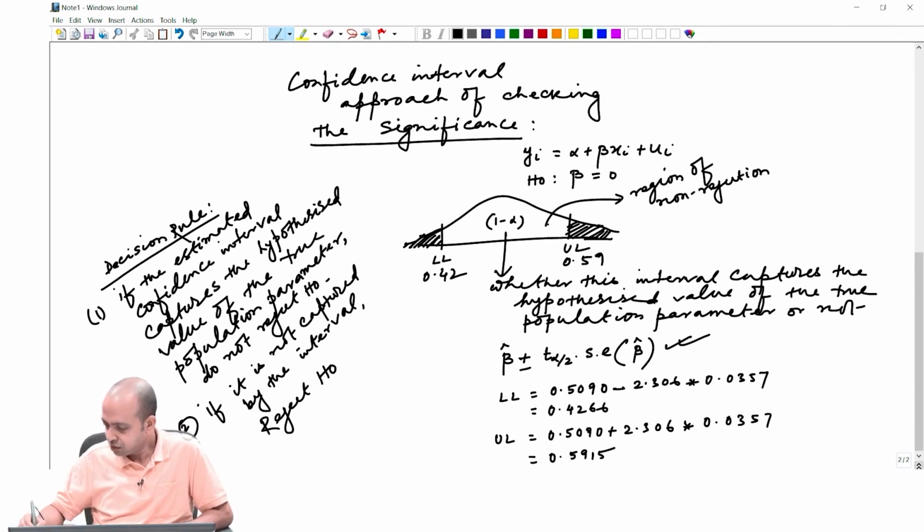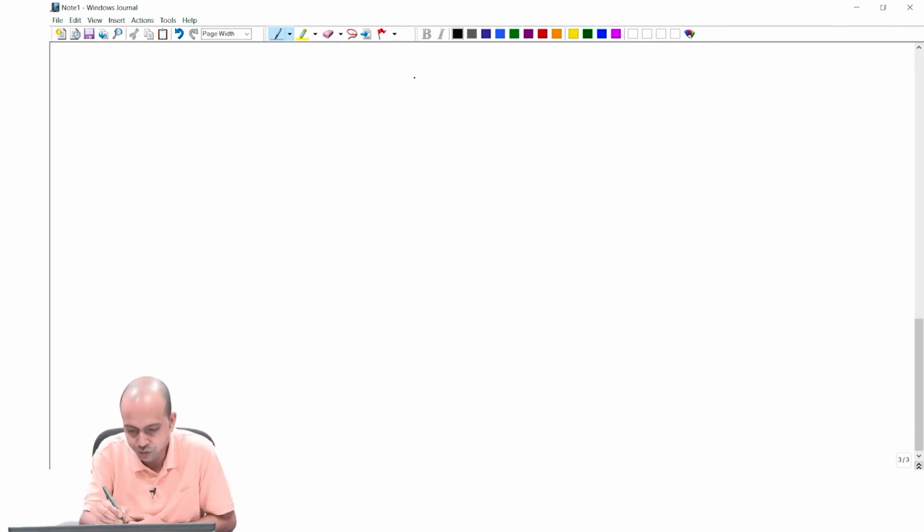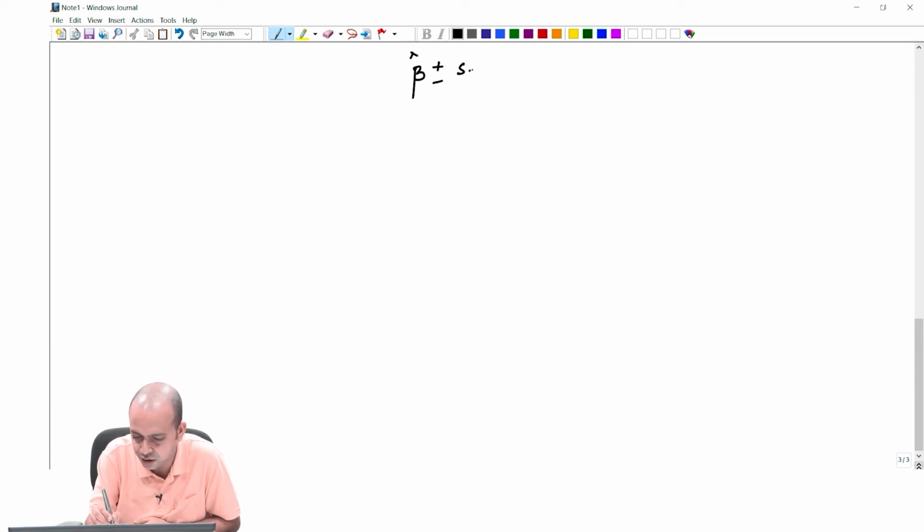Now, one more thing we have to remember, we said that the interval is estimated using this formula: beta hat plus minus t alpha by 2 into standard error of beta hat.